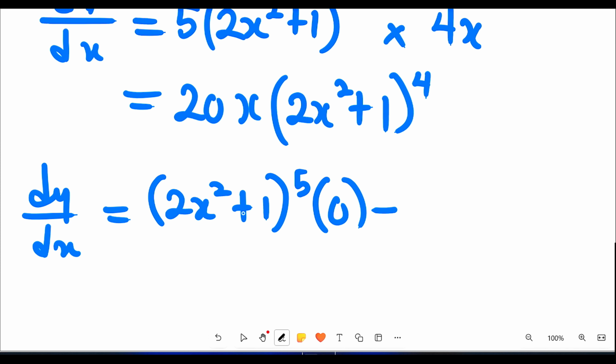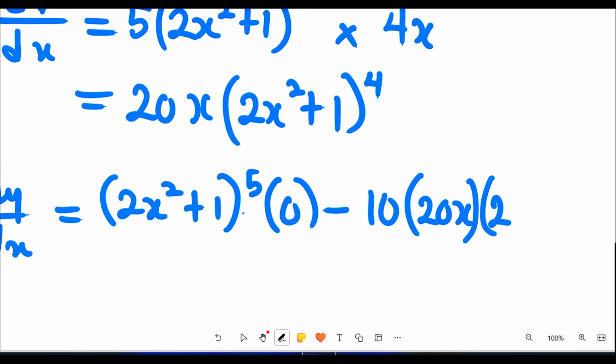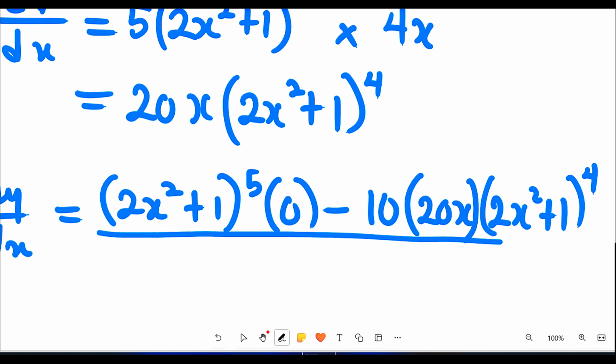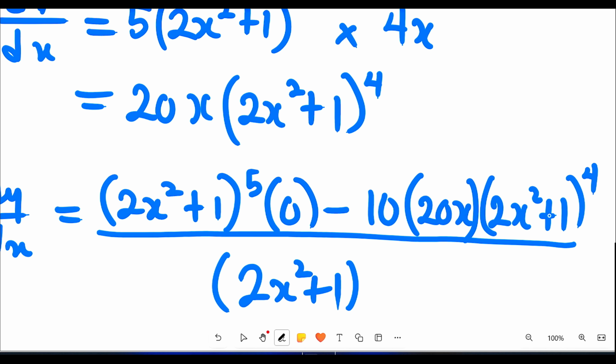Then minus u, which is positive 10, multiplied by the derivative of v, dv/dx, which is 20x multiplying (2x squared plus 1) in brackets having a power of 4. Then everything divided by v squared, and we know v to be (2x squared plus 1) having a power of 5, then all squared.